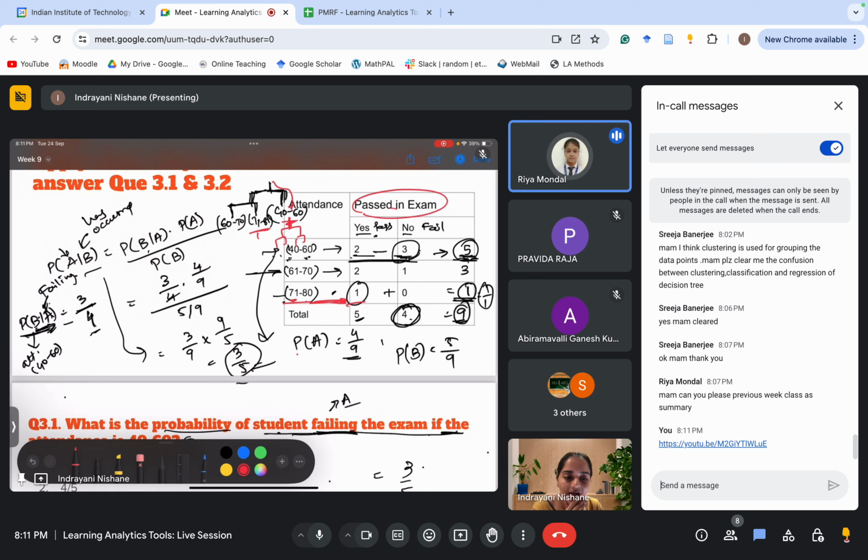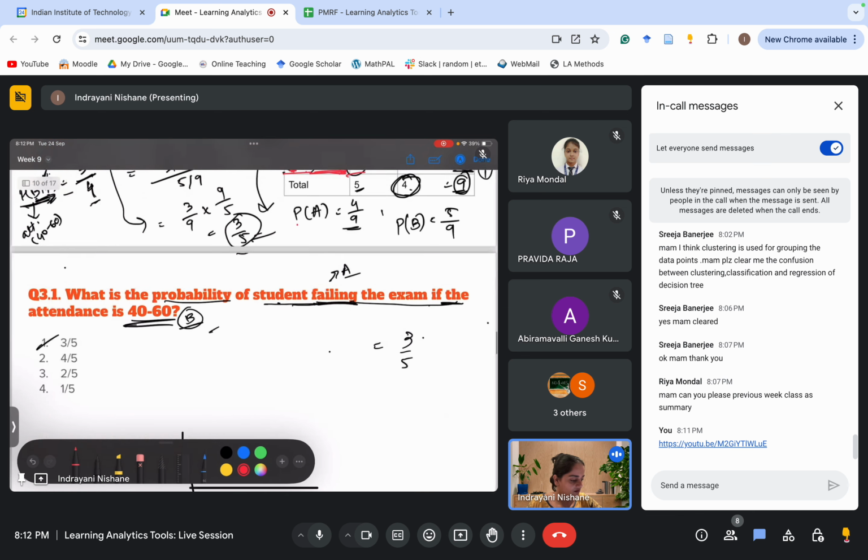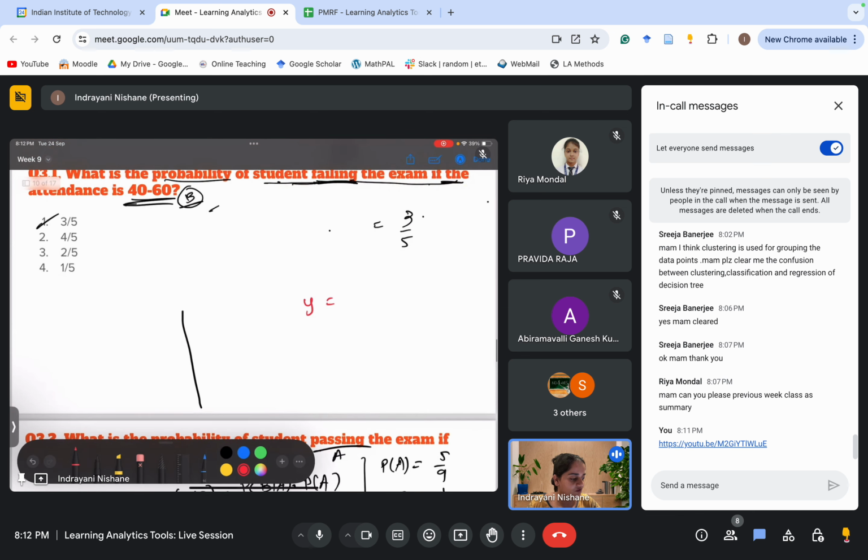Ma'am, I have already seen the YouTube video, but there is some problem in the intercept equation. The intercept problem is very similar to what we do in 10th standard statistics. You just have to remember the equation. This is the line equation, y is equal to mx plus c. How will we find the y intercept? We put x equal to 0.